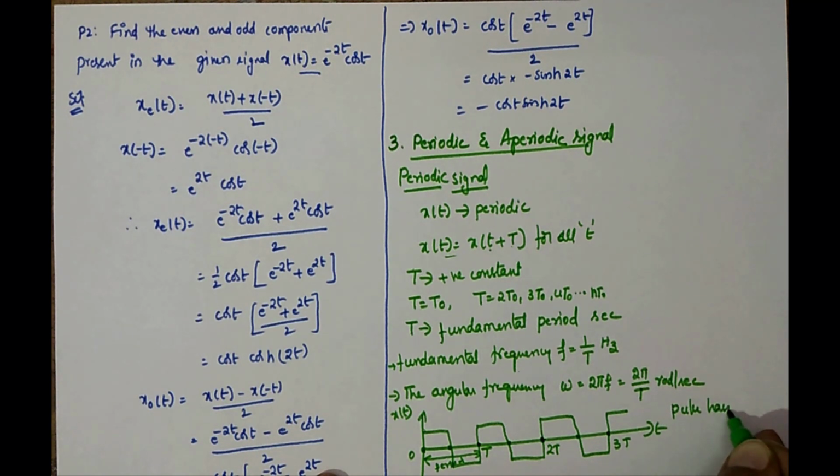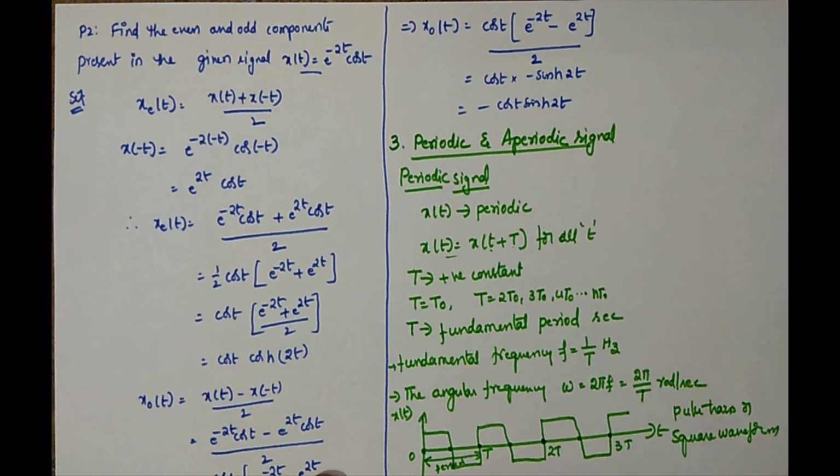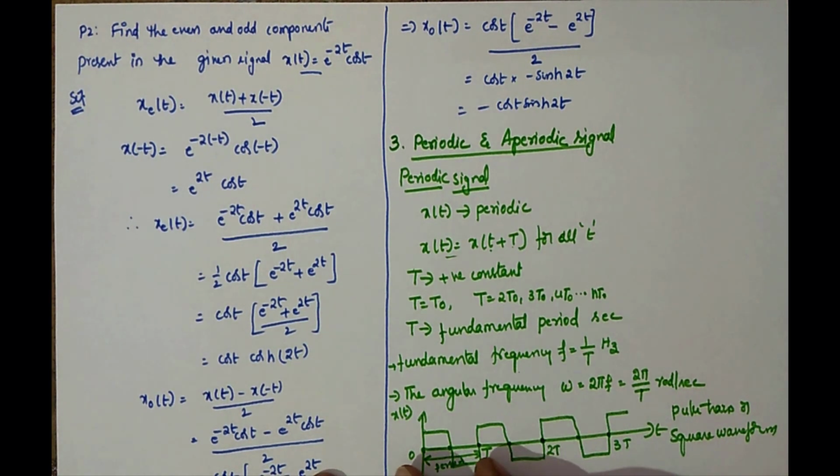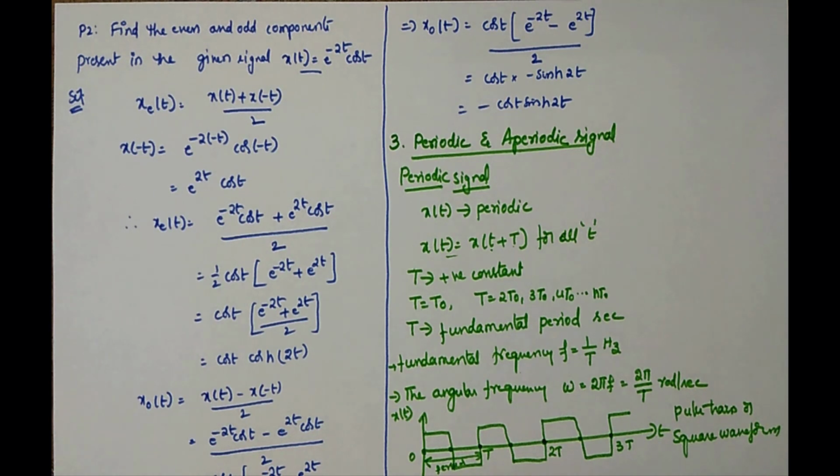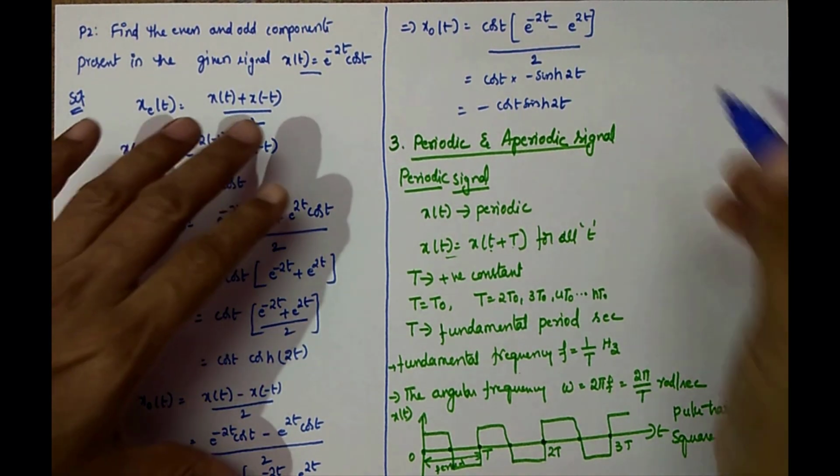Pulse train or square waveform. If you observe the signal, it is repeating after the interval T. This is one cycle, this is another cycle, and this is another cycle. The time in that cycle is called the period.